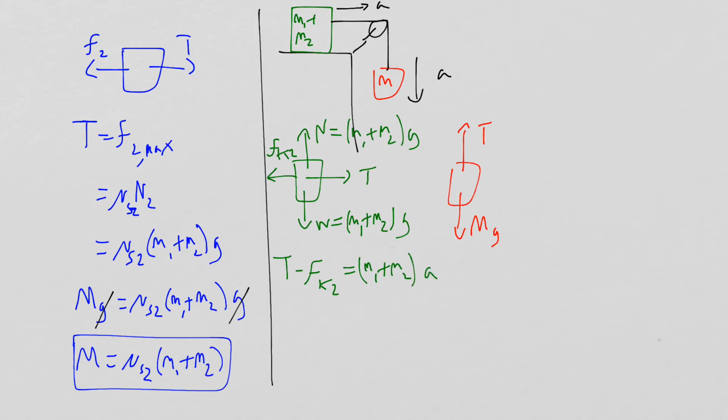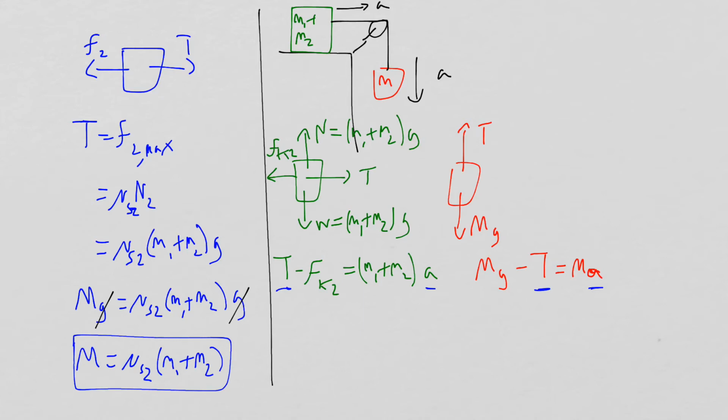And for the hanging mass, capital Mg, because it's going downward, that's the positive one, minus T, equals capital Ma. And so we can see that we have two unknowns, but two equations. So we can solve. We just have to do some careful algebra.